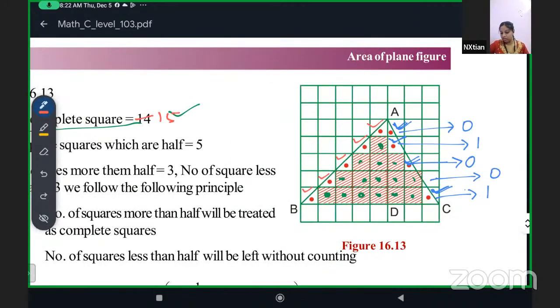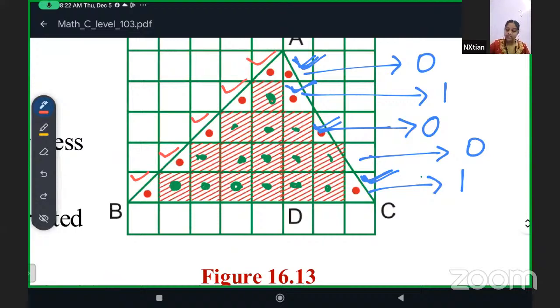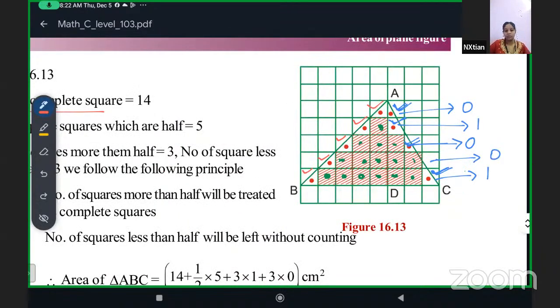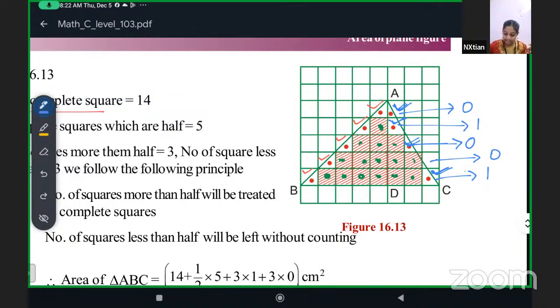So it is 14 only, because this one is a little out. It's not fully covered. Ma'am, that one has to be a dot and not shaded. Yes, Patrick, that is right.